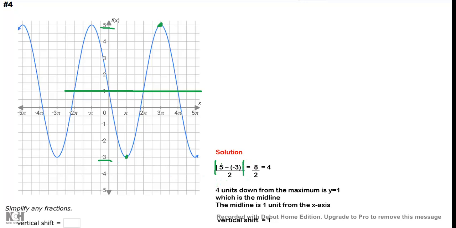So you would just subtract 5 minus -3, which is going to be 8 units. And then we're going to divide that by 2. And that's going to tell you what is the middle of the graph. So that is at 4. So if we're starting up here at 5 and we go down 1, 2, 3, 4, this is our midline right here.